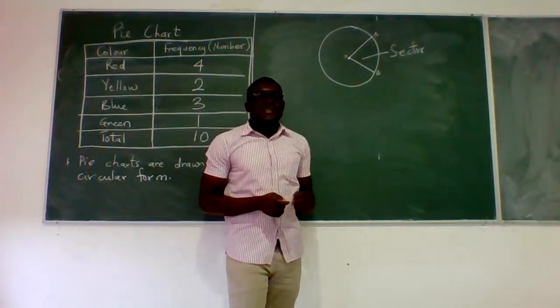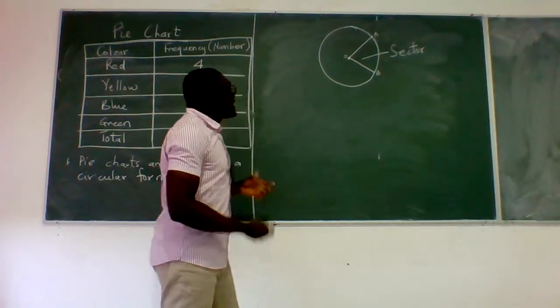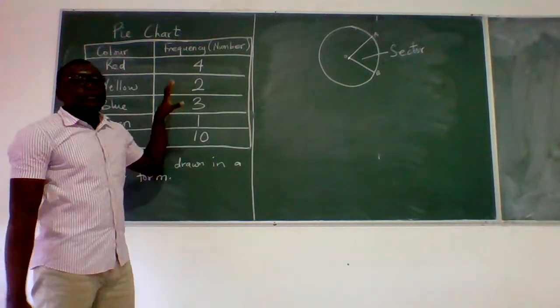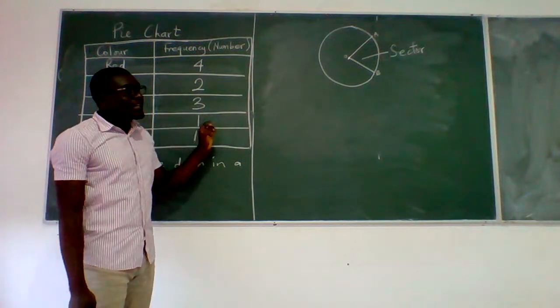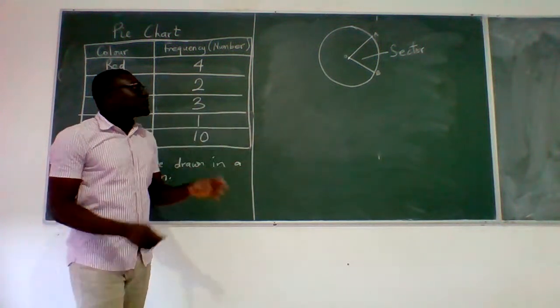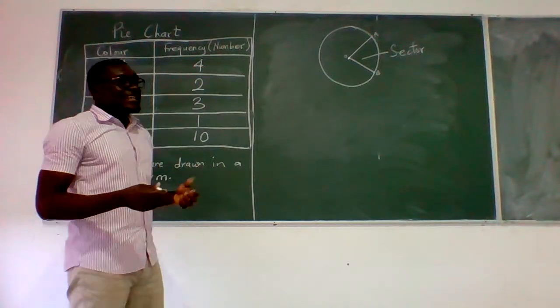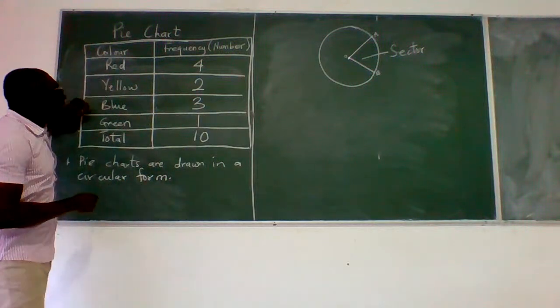And that idea is what we are going to use here. So for each of these numbers here, we must first convert them to fractions and then use those fractions to get the total sector that we are going to cover. The idea here is that we want to bring all these to the same denominator.